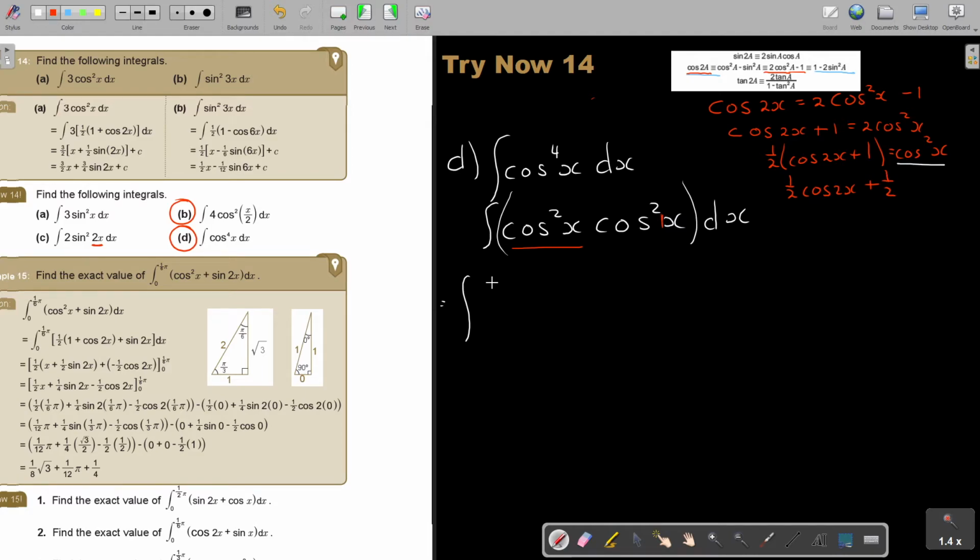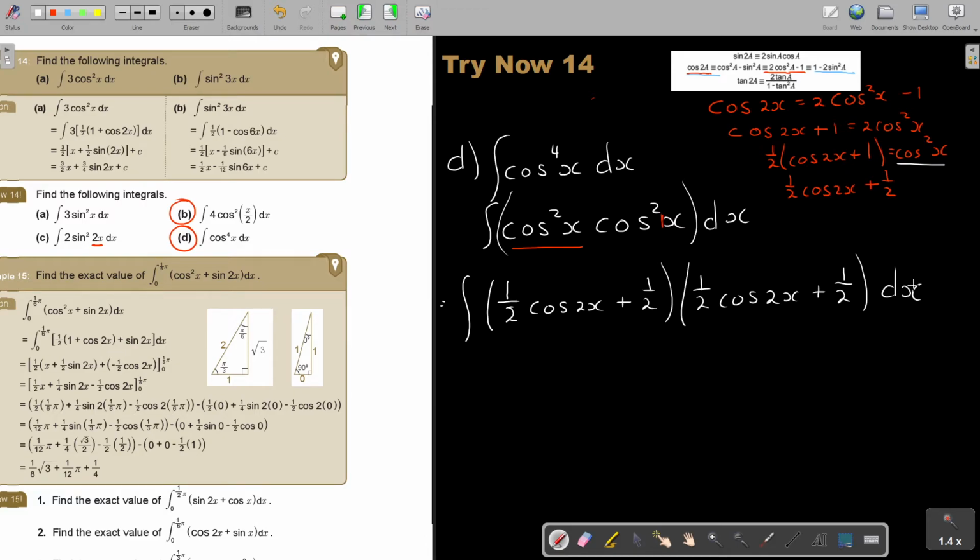So if I rewrite this, it's going to be a half cos 2x plus a half. You can also write the half first, no influence. And a half cos 2x plus a half. And remember, I integrate with respect to x.